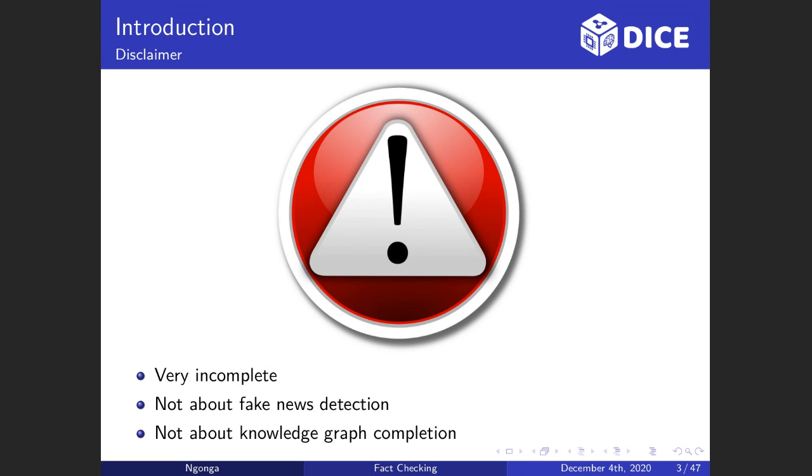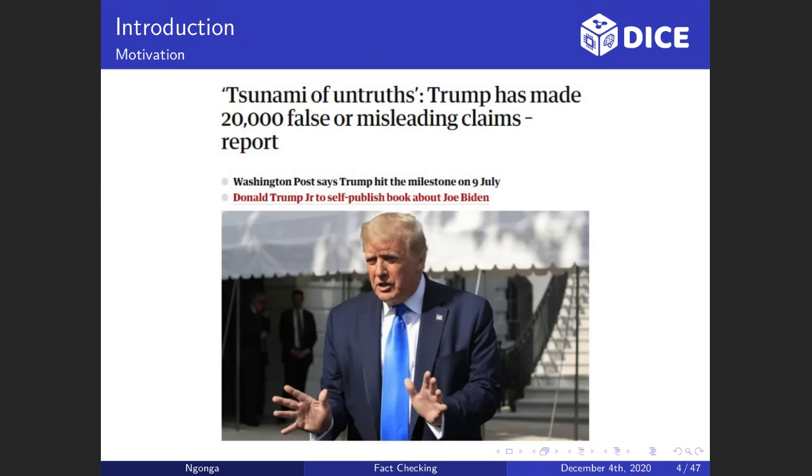But we'll start with this one. Trump used to make my life so easy because I would simply have to catch the new statistics on the false or misleading claims that he made, and that would be sufficient to motivate why it's so important to have true knowledge graphs. He's still the president of the state, so I can still use this slide.